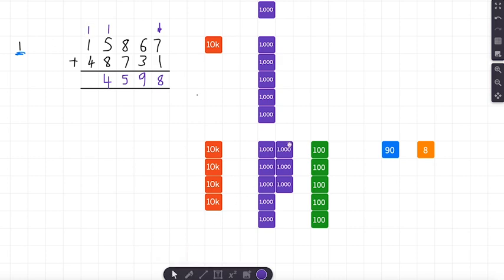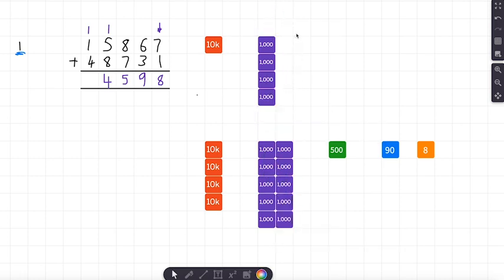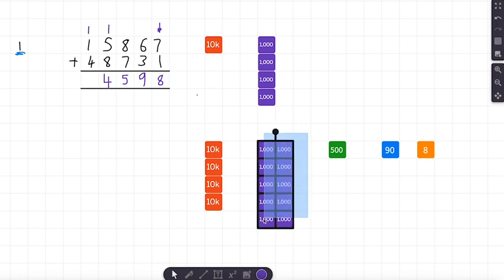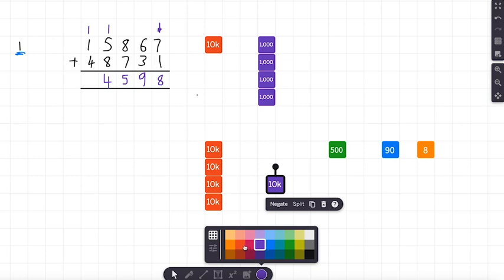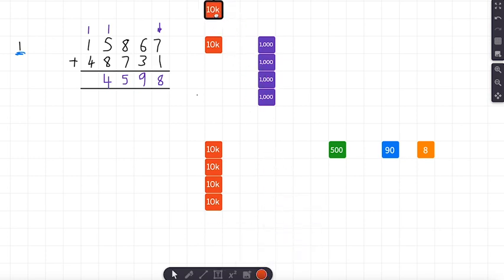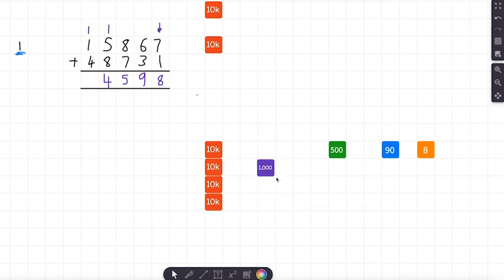To show it with the blocks, you can see that if we put these together, we're going to have 14 thousands, and 10 of them merge together to make a 10,000. So that's going to be carried over, and we still have 4,000 in that place value column.